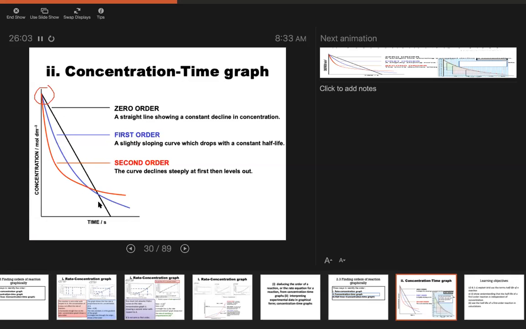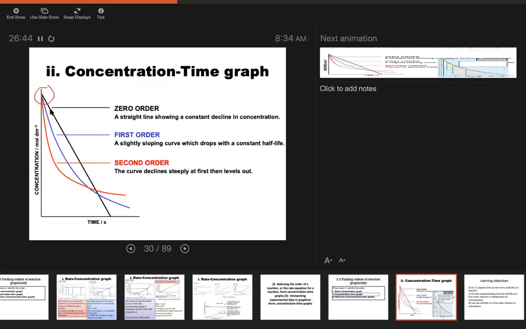Sometimes it will go to zero, sometimes it will just flatten off depending on what happens at the end of the reaction. If all of your reactant is used up, then the graph will touch zero on the x-axis. Now all three of them are decreasing, but they have slightly different shapes. For zero order, you will see a straight line showing a constant decline in concentration.